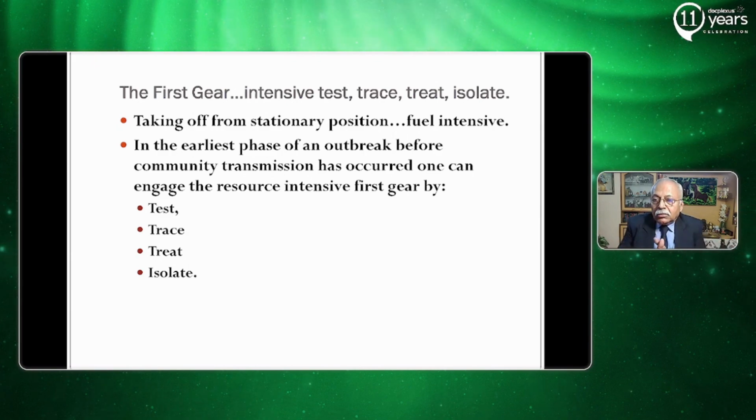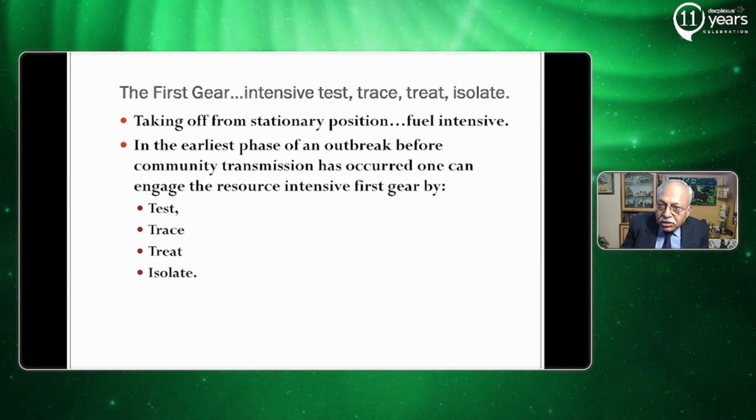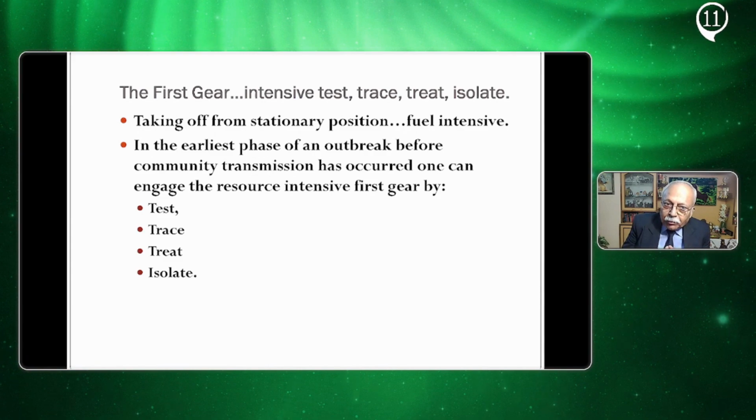You have to catch each one, trace who all came in contact, and a person comes in contact with so many people. It's very effective if the outbreak is very early because there are few cases and few contacts. Then you can treat and isolate them. So that is the first gear, but this is effective in the early phase of a pandemic.